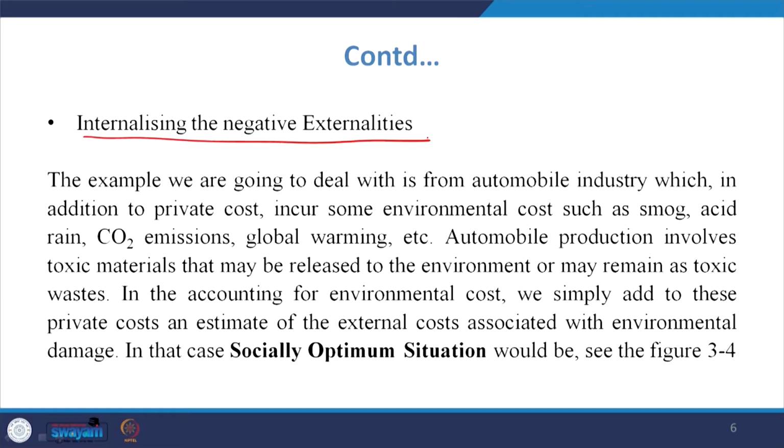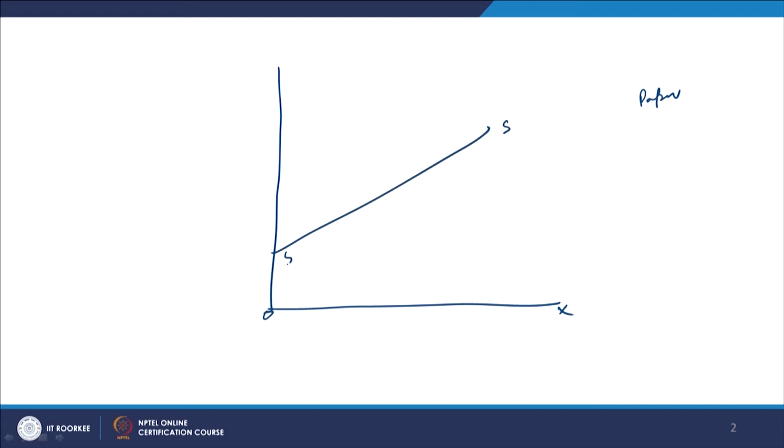How can we internalize the externality? We can simply explain it by a graph. For example, we take a case of any industry. You can take any example, most polluted industries like cement, steel, paper. So, you can take, say, the paper industry, which is producing paper and having a supply curve like this, SS, and a demand curve like this, DD.